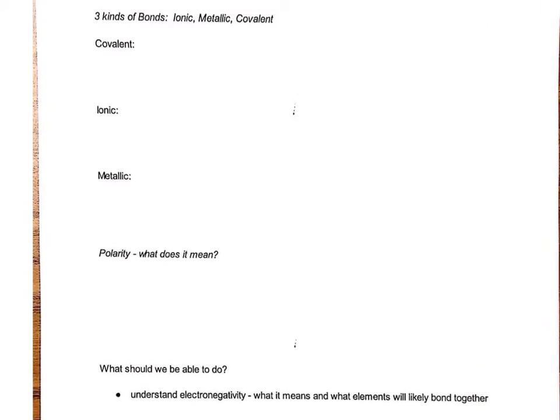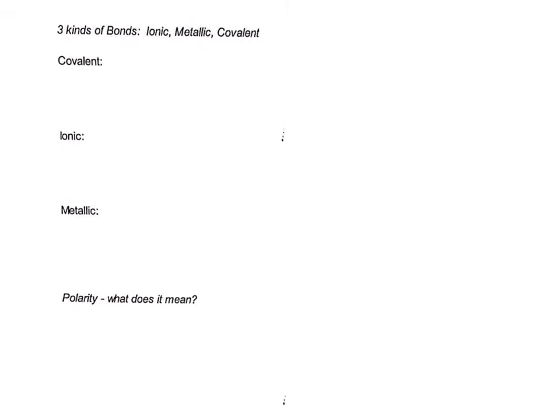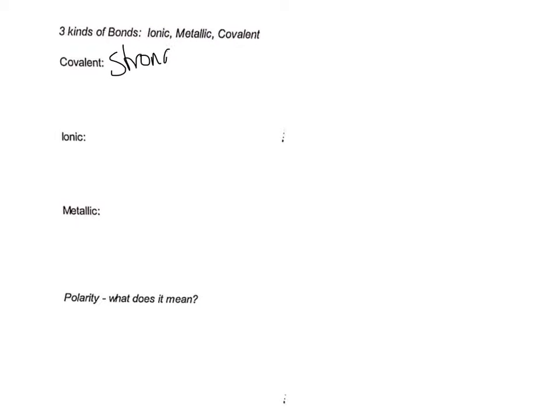Okay, three types of bonds: covalent, ionic, and metallic. We'll talk about the different properties right here. Covalent bonds tend to be the strongest of all three, and they happen between nonmetals.